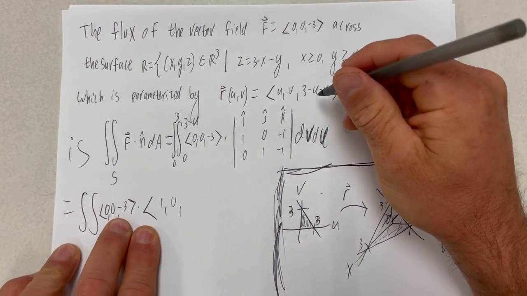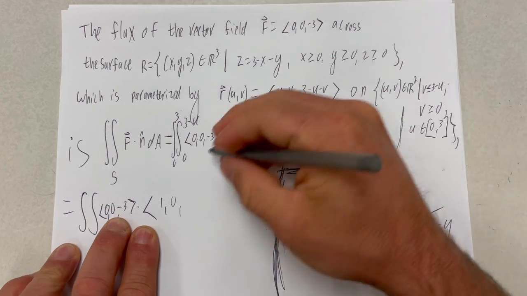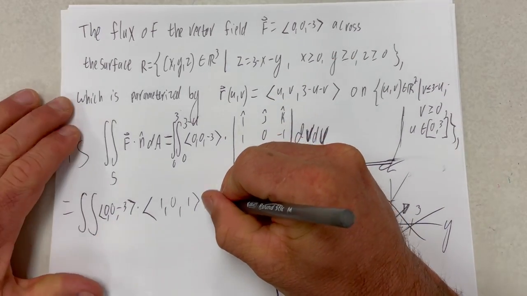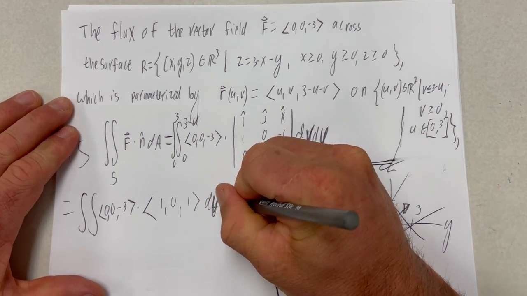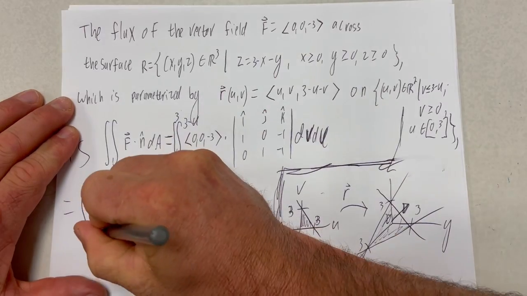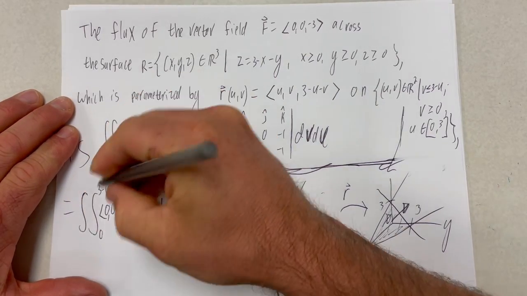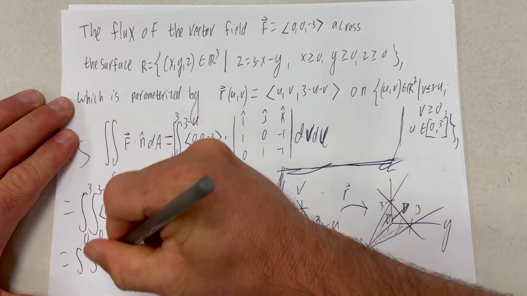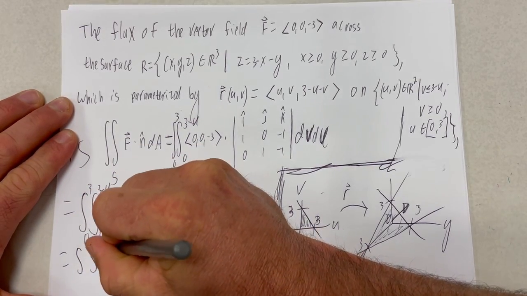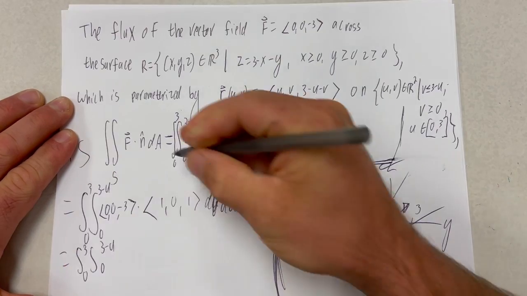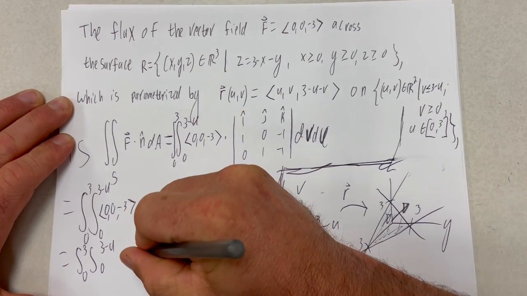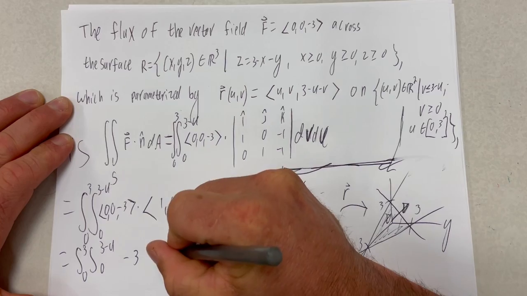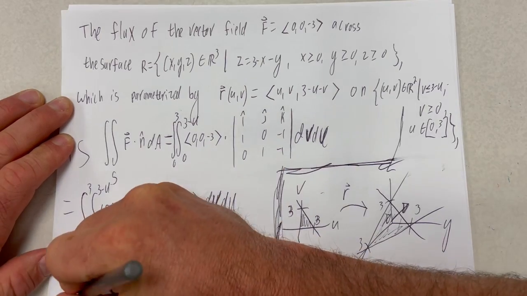So I only care about the last component, which is 1 times 1 minus 0 times 0. dv du. 0 to 3 minus u. And 0 to 3. Okay, so our integrand is going to be negative 3 with dv and du.